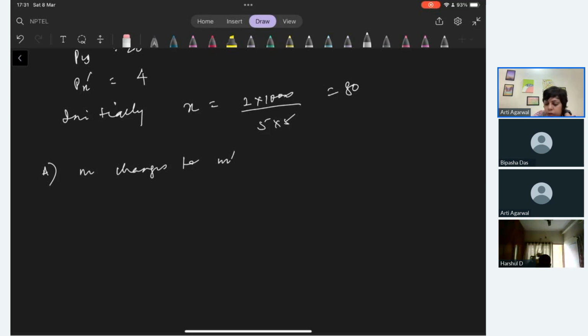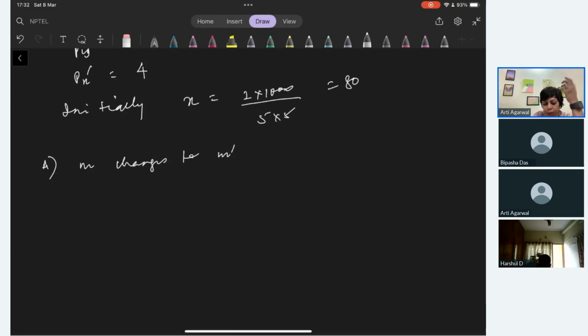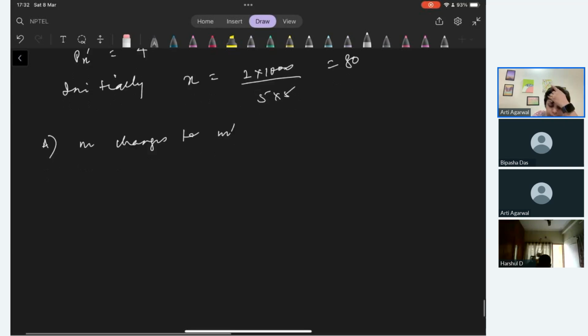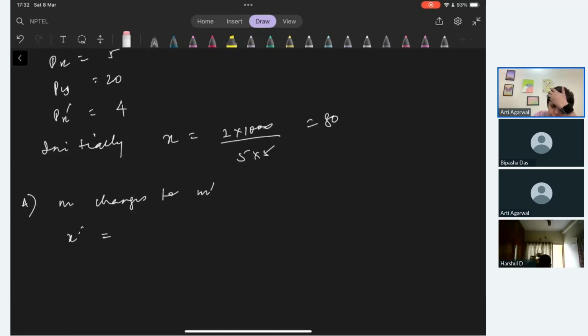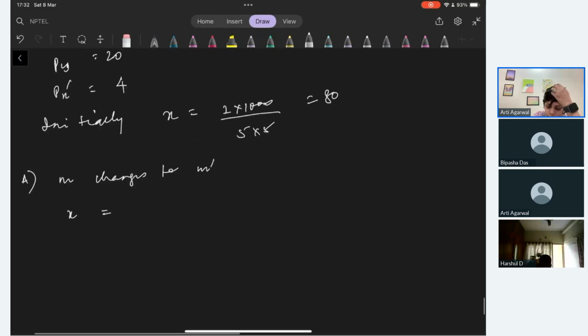So now we just know initial consumption, we just flip the whole expression. We write X is equal to 2M prime by 5Px prime, right? Because M and Px have changed.